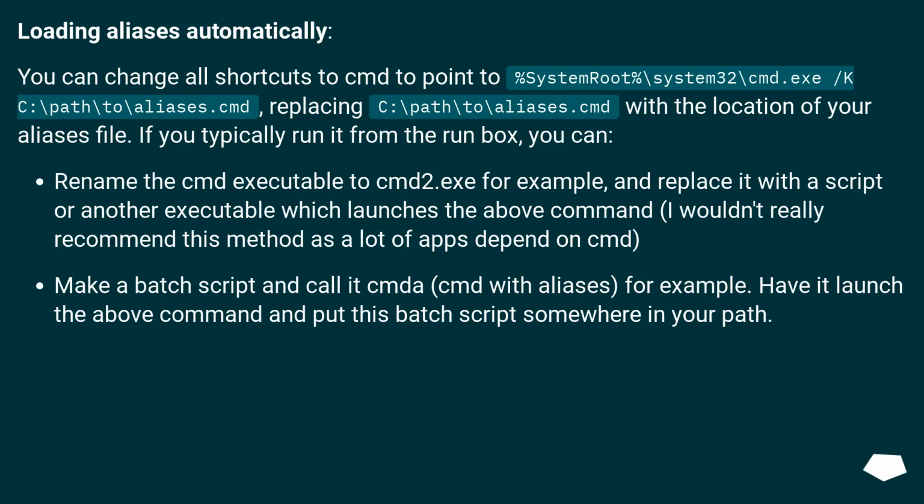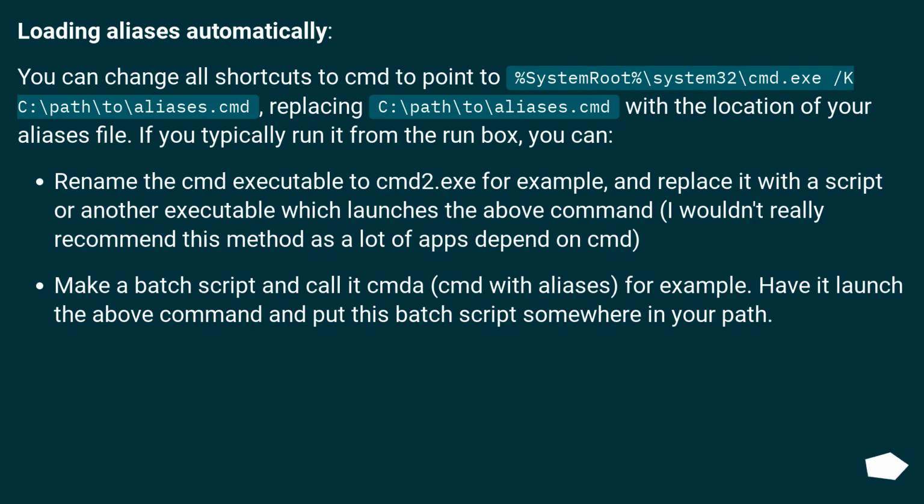Loading aliases automatically. You can change all shortcuts to cmd to point to %SystemRoot%\system32\cmd.exe /k c:\path\to\aliases.cmd, replacing c:\path\to\aliases.cmd with the location of your aliases file.